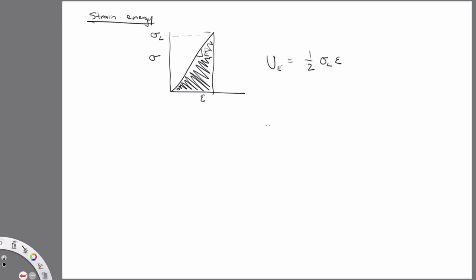Then we also want to include the volume, right? So this is actually an energy density. It has units of work or energy per unit volume. So then if we multiply by the volume, then we have something like that.